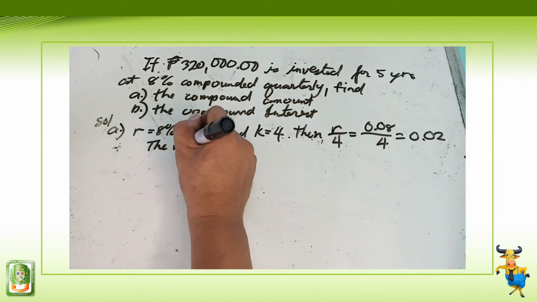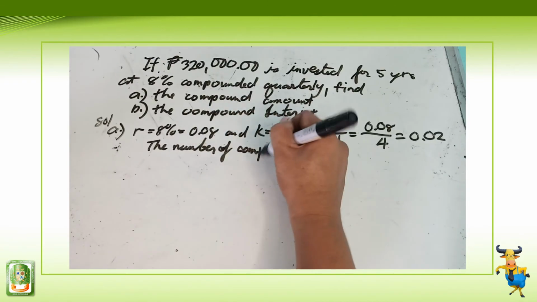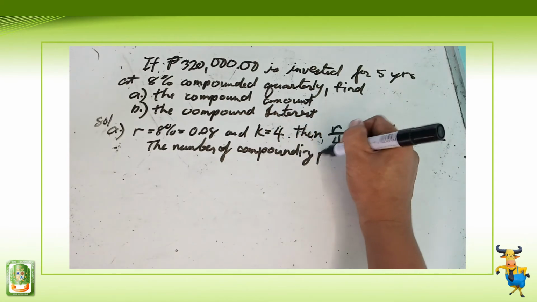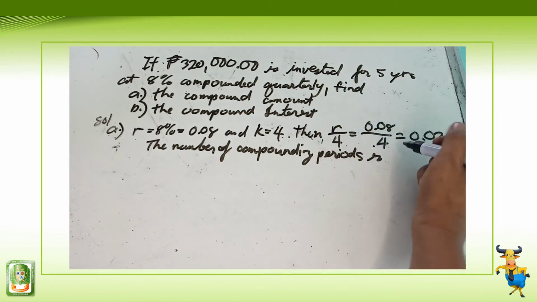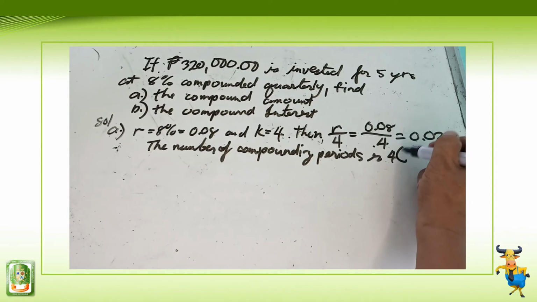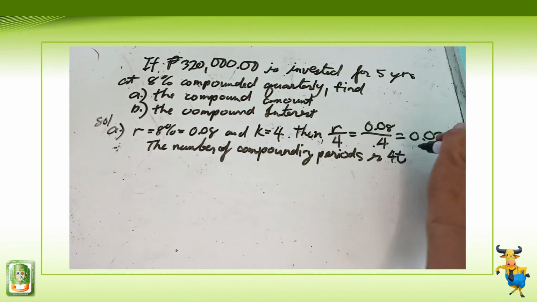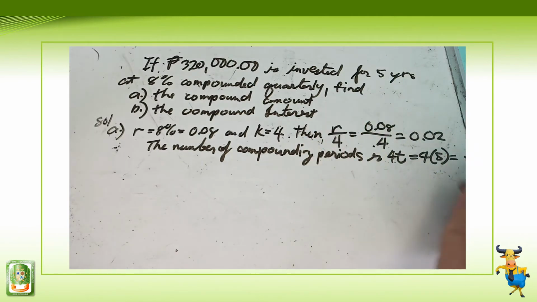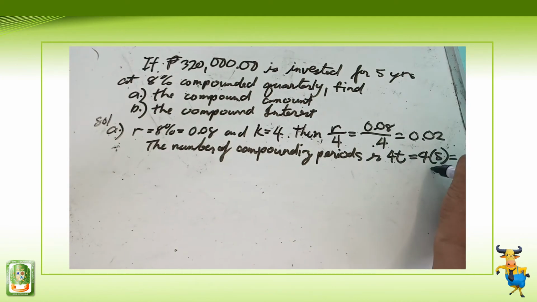The number of compounding periods is 4 times the time, is equal to 4 times 5 years is equal to what? 20.